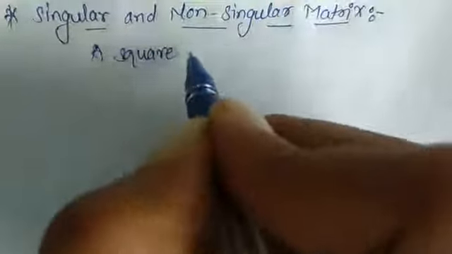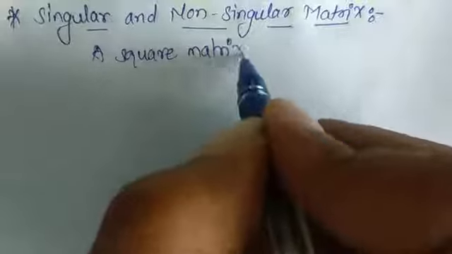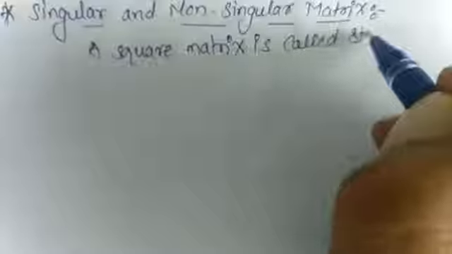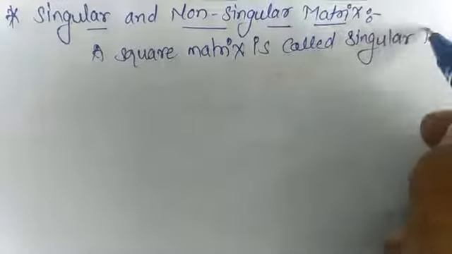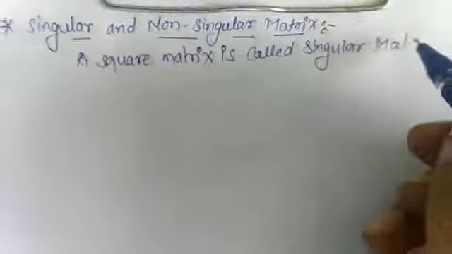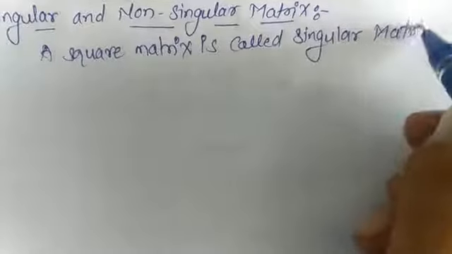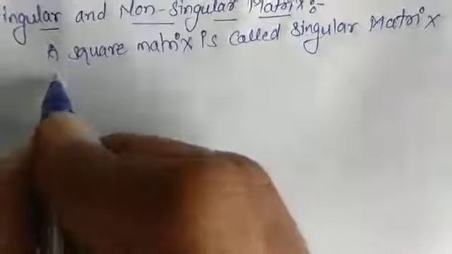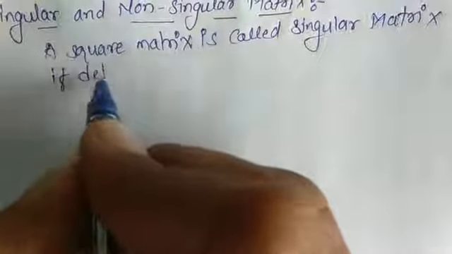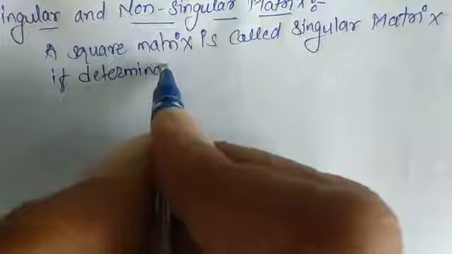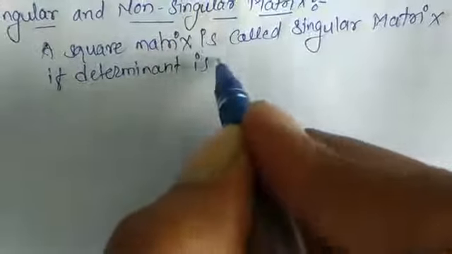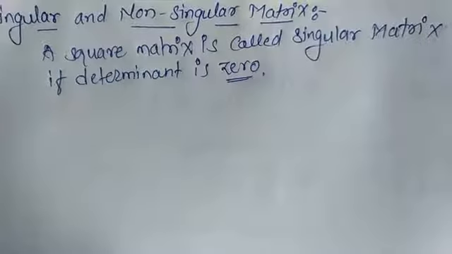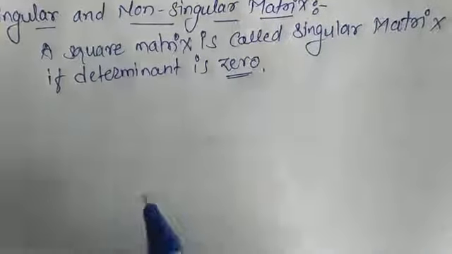A square matrix is called a singular matrix if its determinant is 0. Otherwise, it is called a non-singular matrix.